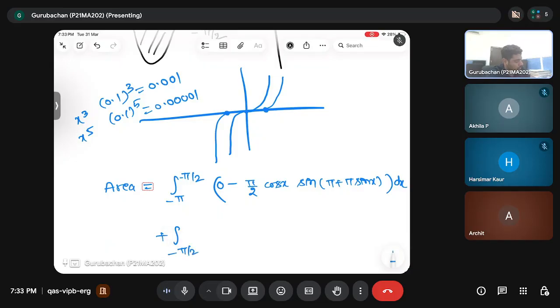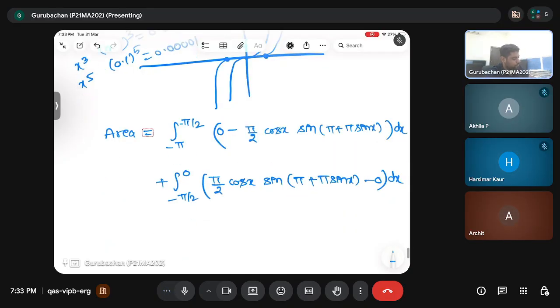from minus pi by 2 to 0, pi by 2 cos of x sine of pi plus sin x minus 0 dx. So what substitution do you want to make here? So this is I1 and this is I2.